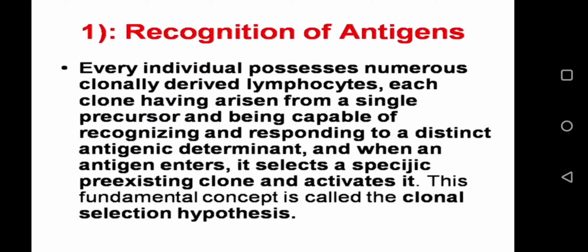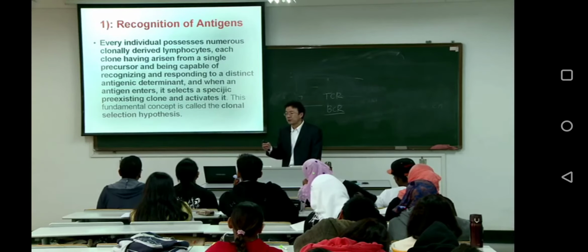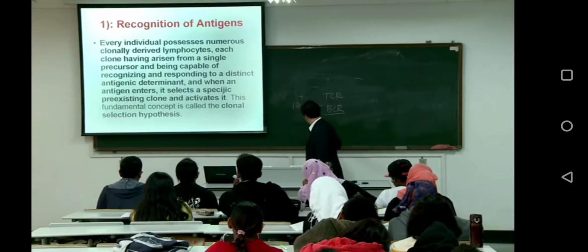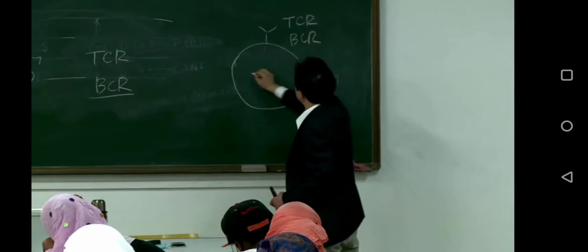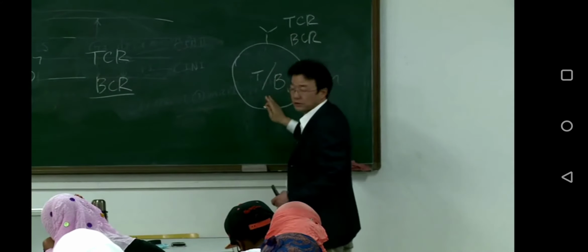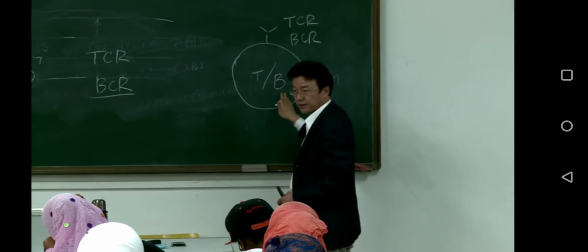So the first stage is recognition of antigen. How could T cell or B cell recognize antigen? In this case, we need to learn about some specific molecules located on the surface of the T cell or B cell.